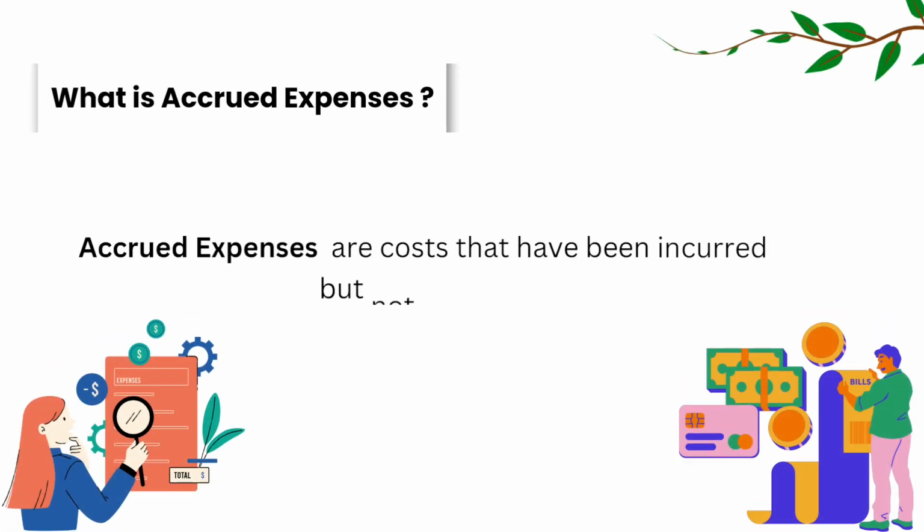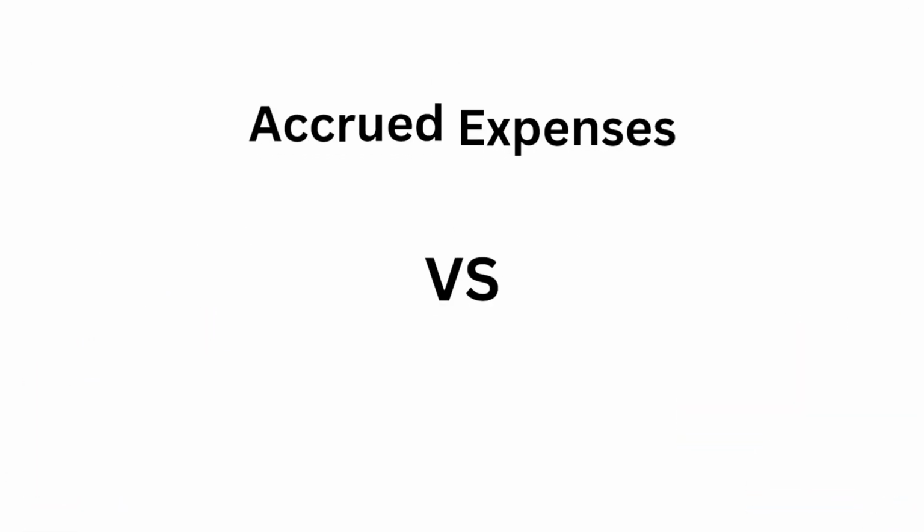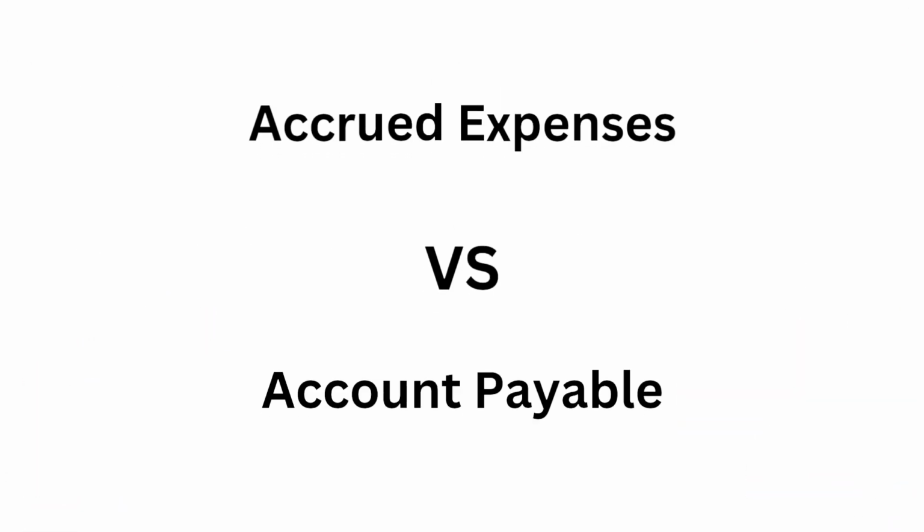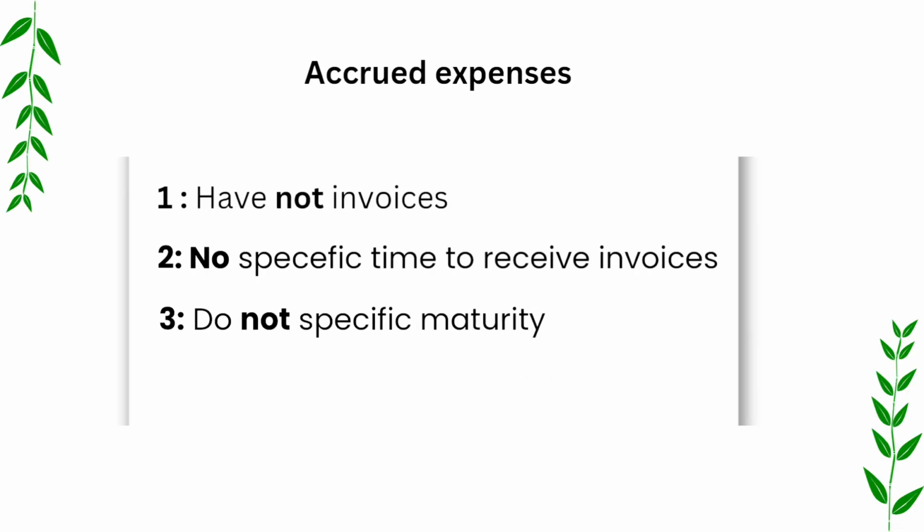And the next one is accrued expenses. Accrued expenses define costs that have been incurred but not yet paid or recorded in the financial statement by the end of the accounting period. So after these explanations, let's clarify the difference between accrued expenses and account payable. For the first one, accrued expenses, we have to say it covers all the amount of money we have as debt but the invoices have not been received yet.